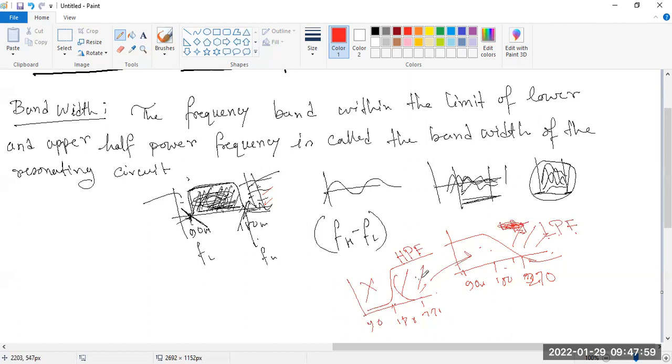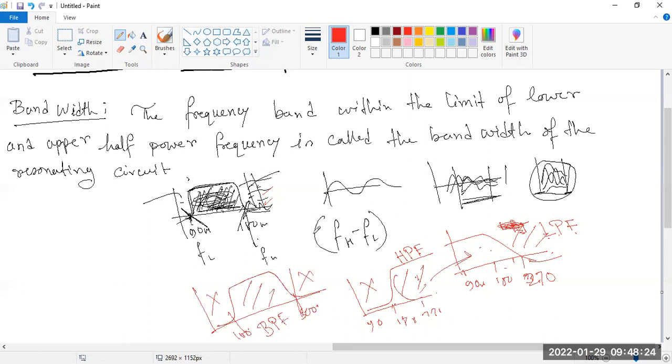And there is also a band pass filter for a particular range. Say this is 100 hertz and this is 300 hertz. Within this limit you take this part and delete this part. So this filter is called a band pass filter, BPF.